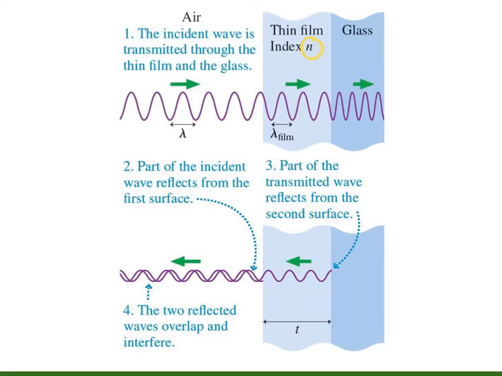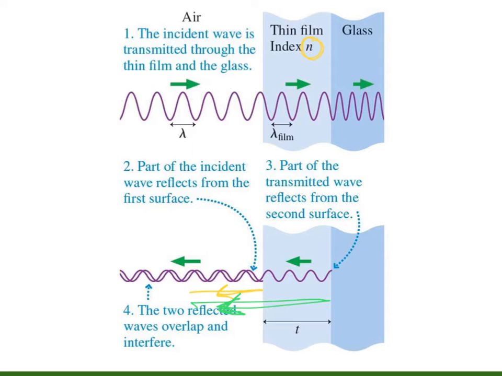And the other idea that you need to consider is that when light is reflected off of the front of the surface, it creates a wave pattern. And then again, when it's reflected off of the back, it creates a separate wave pattern, not necessarily different.